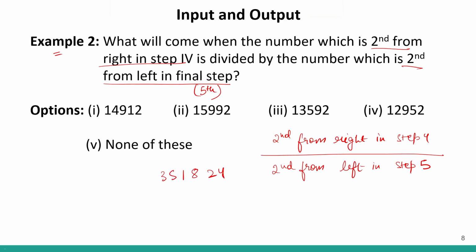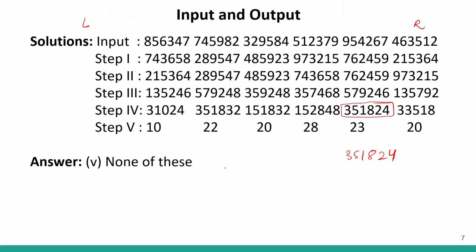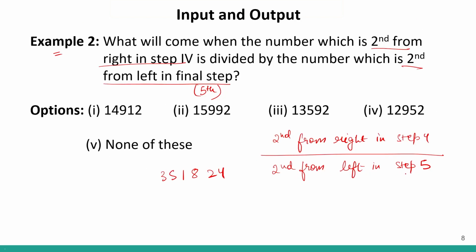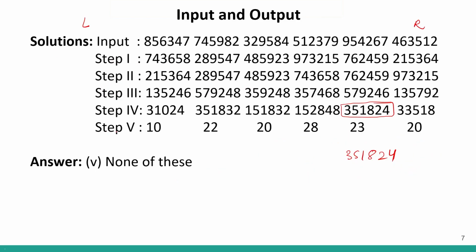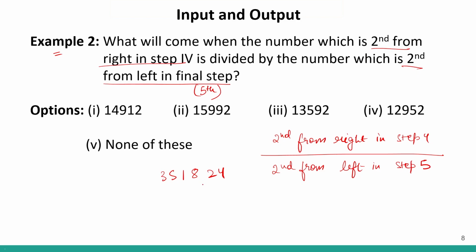This is the number second from right in step 4. Then we have to look at second from left in step 5. So going back to the arrangement, second from left in step 5 is 22, correct? So we have to divide these two numbers. We have to divide this by 22.